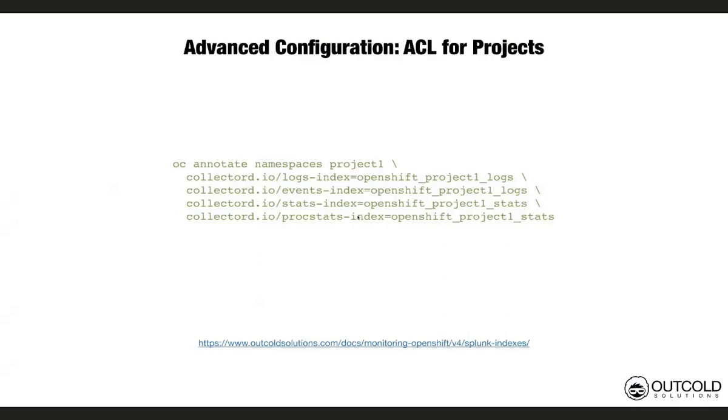We are allowed to do this. What you can do is annotate the project's namespaces with the defined annotations we have, which allow you to override the indices, sources, source types, pretty much anything, like any specific fields for the events in Splunk. And you can set this annotation at the level of namespace or workloads or even pods. So you can do that as well.